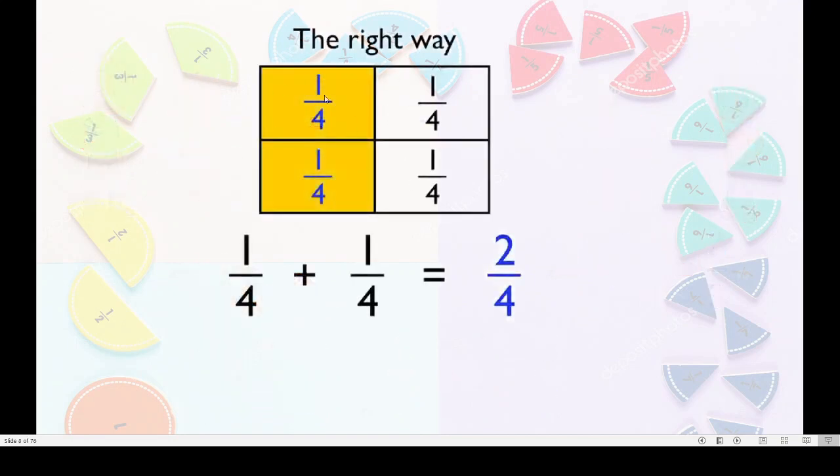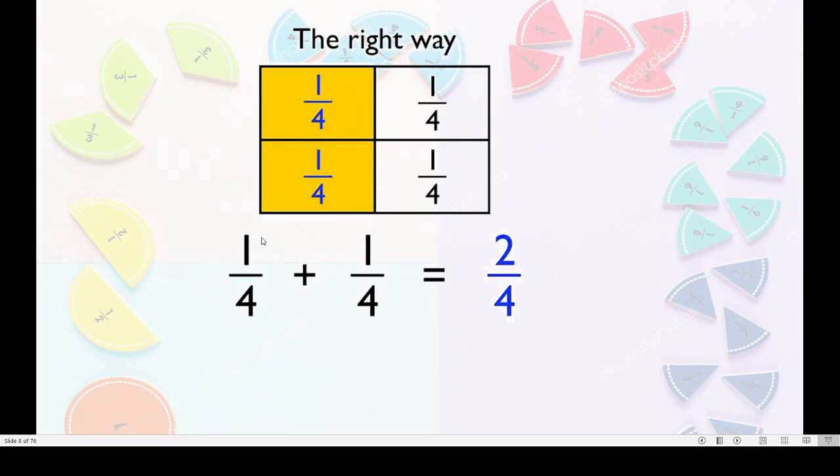See the right way. Here you can see a rectangle is divided into 4 pieces. Each is a quarter, correct? This is the first quarter, second quarter, this is the third quarter and this is the fourth quarter. 2 are shaded with yellow color.